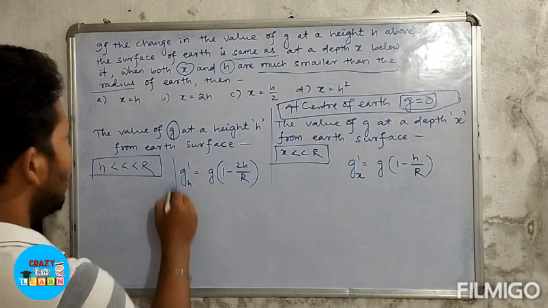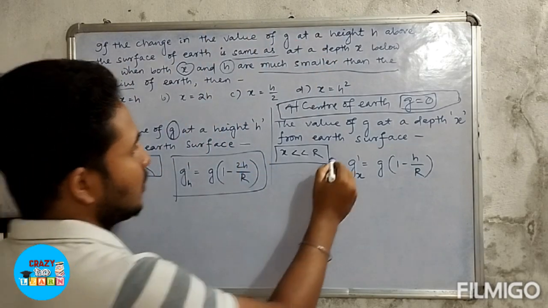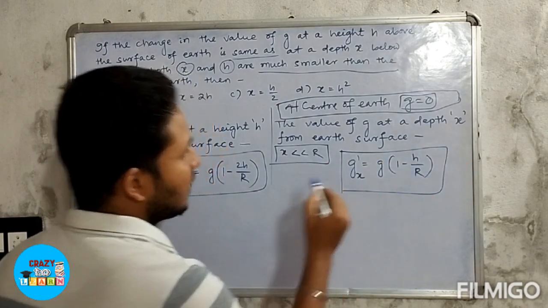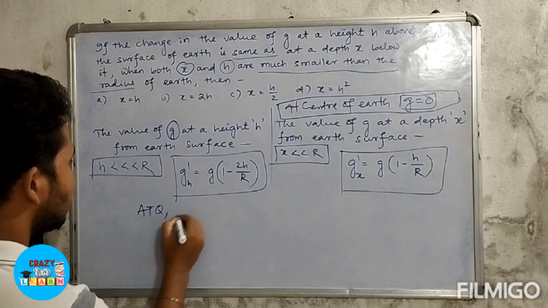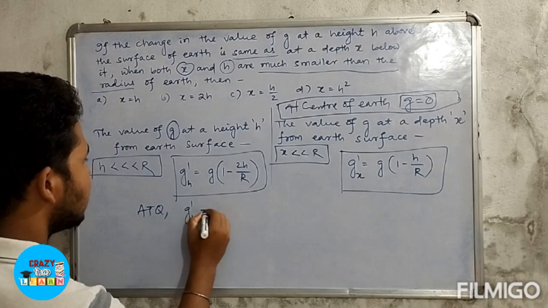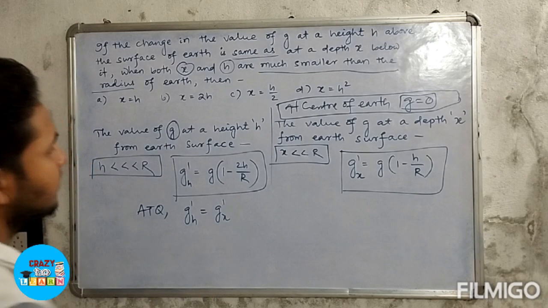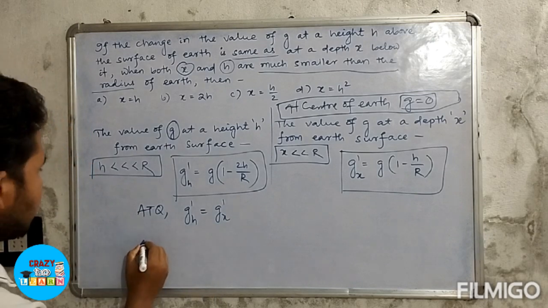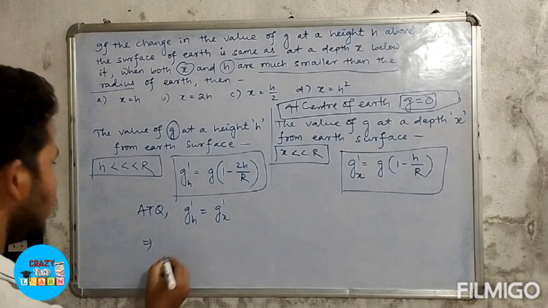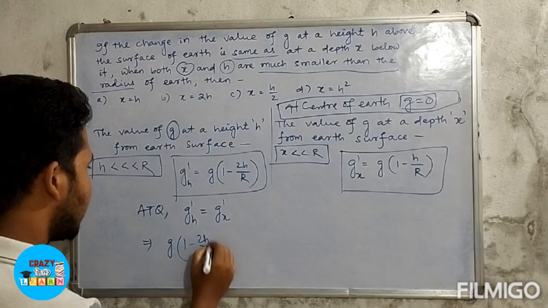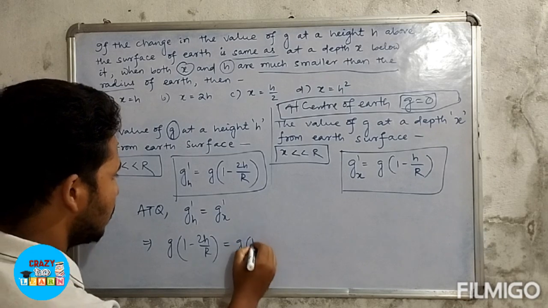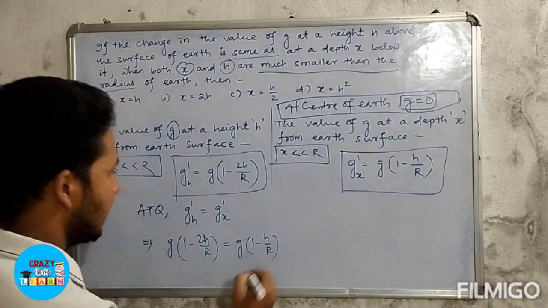So these two values are the same. According to the question, g h dash is equal to g x dash. So just equate these two. What relation will you get? g into 1 minus 2h by r is equal to g into 1 minus x by r.